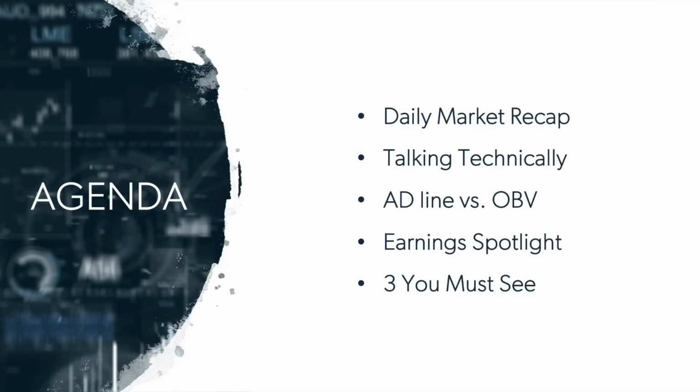For me, I like the AD line. I think it's better, and it gives us a little bit more of a feel for what's really taking place in the market rather than the OBV. But anyway, I'll talk about both of them. Then we'll get into the earnings spotlight and wrap up with the 3 you must see.